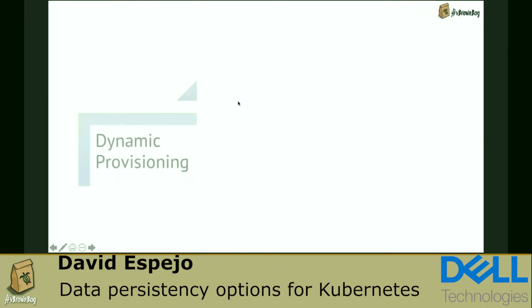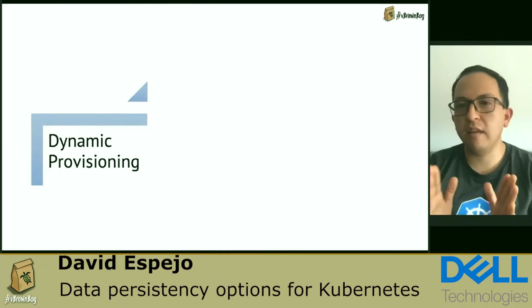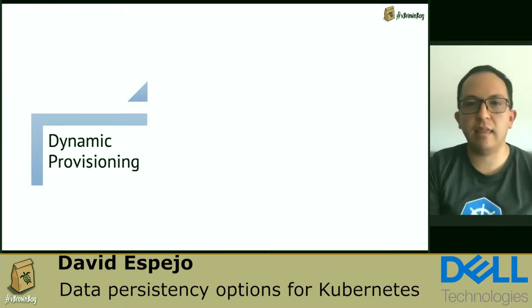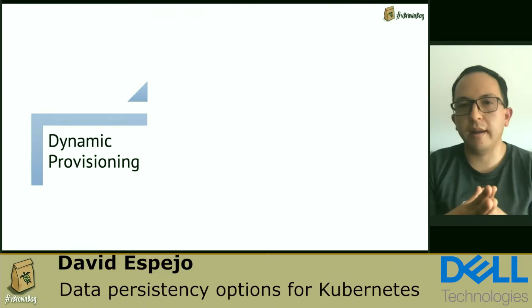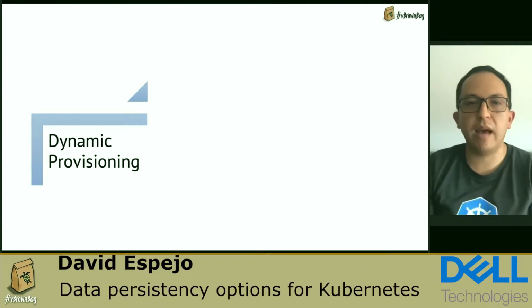Well, first of all, the origin of this history was that Kubernetes needed a way to handle the provisioning or consumption of storage, right? So this system, no matter if it was born inside Google or how it has evolved outside of Google, has always needed a way to handle storage consumption.